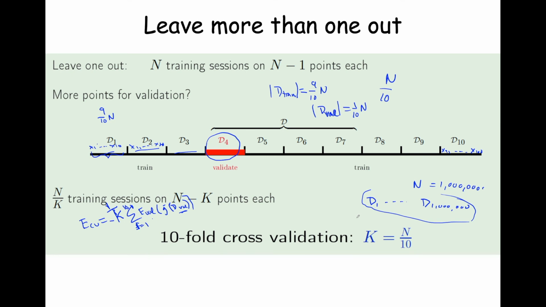So you'd spend way too much time training, because it's unreasonable to train a hypothesis a million different times in order to compute cross-validation error. That would take way too long.